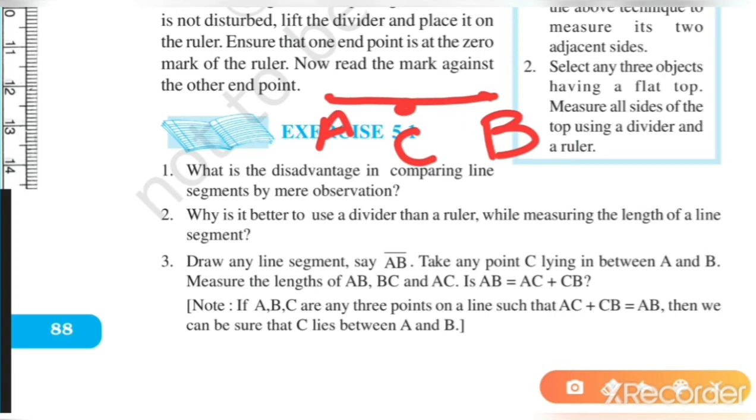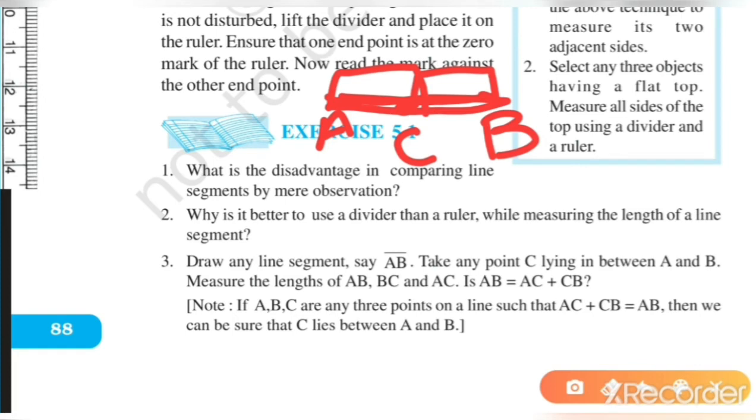Measure the length of AB, BC and AC. Is AB equals to AC plus CB? Yes.